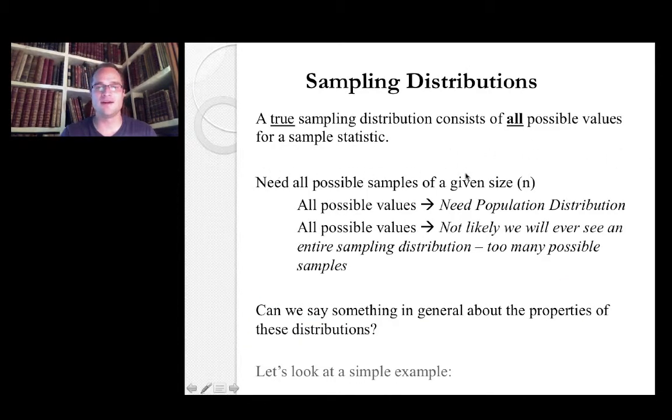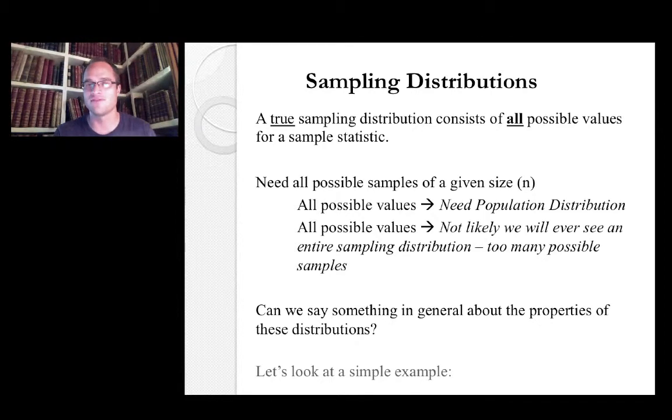So two things. If we need all possible samples of a given size, that means you need the population distribution. First of all, that should look odd, because as we move forward into inferential statistics, the whole point is that we don't have a population. We have questions about a population data set that we can't directly answer, and so we sample from that population to try to infer those characteristics.